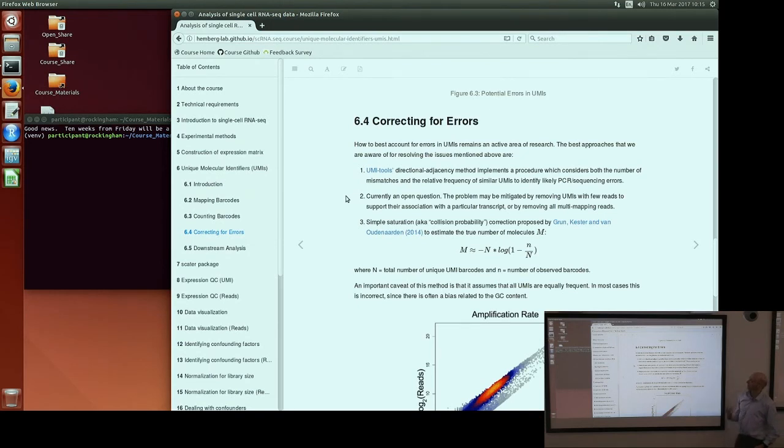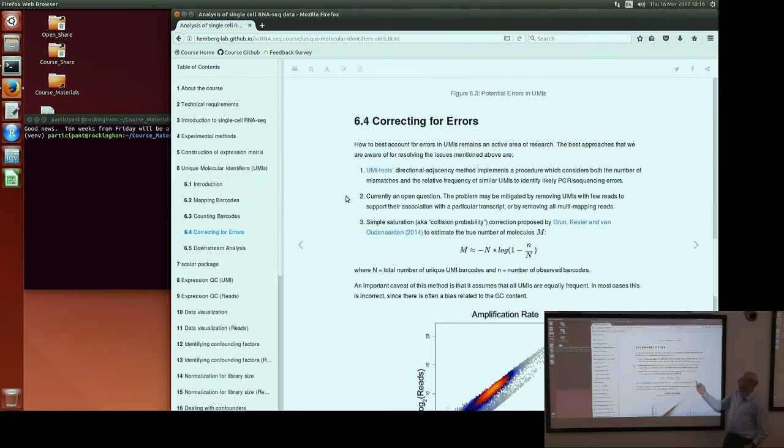So again, how to best treat UMIs and use them to get the correct quantification is still an open research problem, and there are methods being developed for this. One of them, for example, is called UMI tools, which seems to be working quite well. This is something we use, and then you can also try to develop various methods.